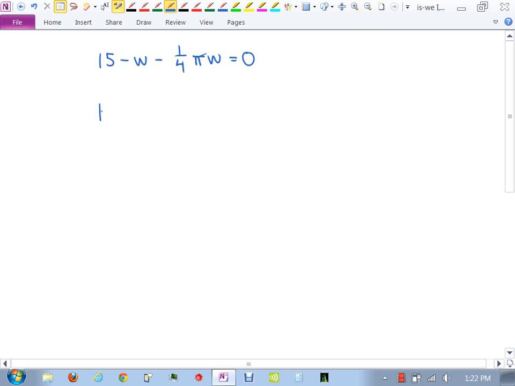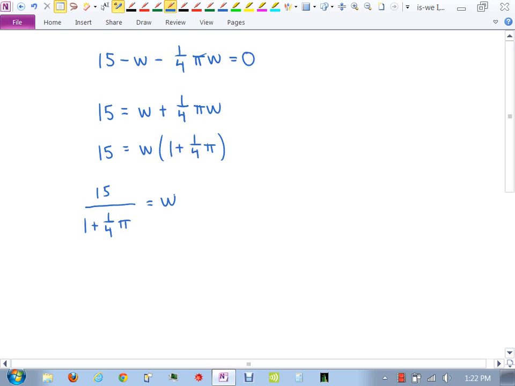What I think I'll do is take the two w terms to the other side to make them both positive. I'll factor out a w from both, and I'll divide through by this 1 plus 1/4 pi. Does everyone follow that and agree with that?